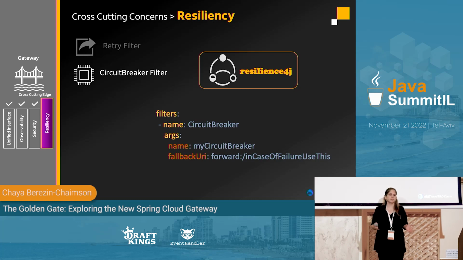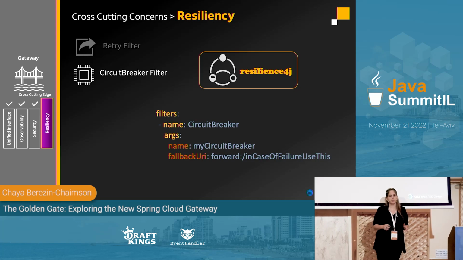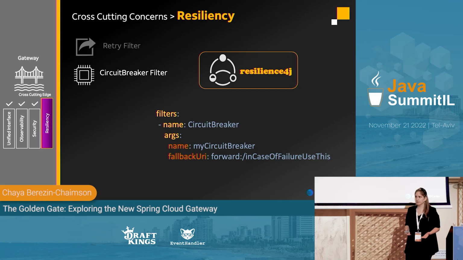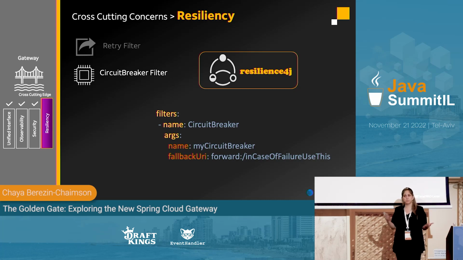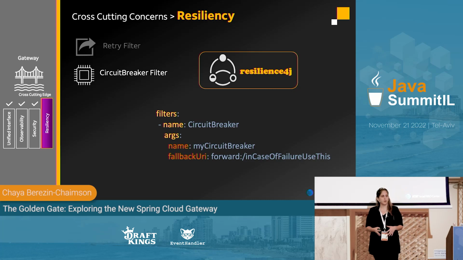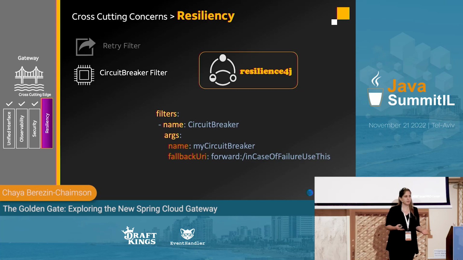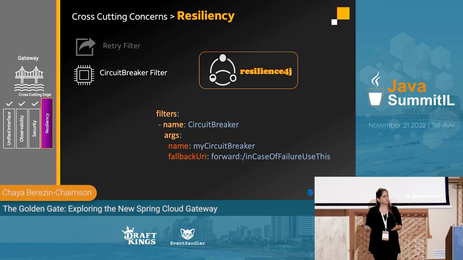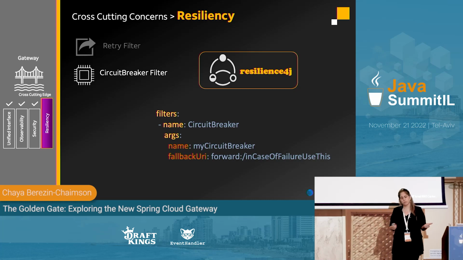Now, the interesting thing is that this fallback URI can be an internal gateway API. Since Spring Cloud Gateway is a Spring Boot application, it can have a REST controller and expose an internal API. And in this API, we could implement our default behavior for cases the circuit breaker is open. So either return some static response or perhaps the last response that we saved in the cache or anything else.